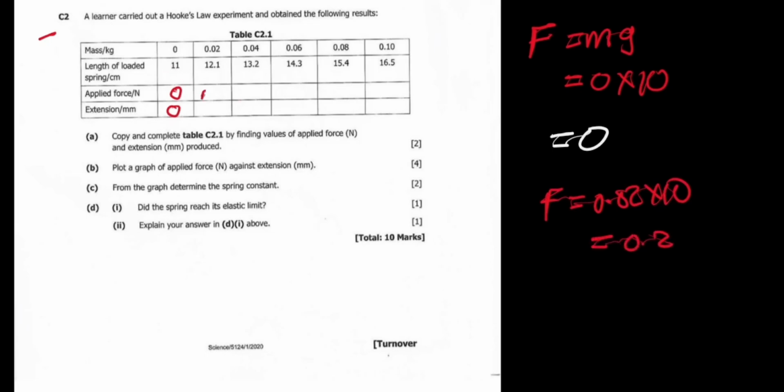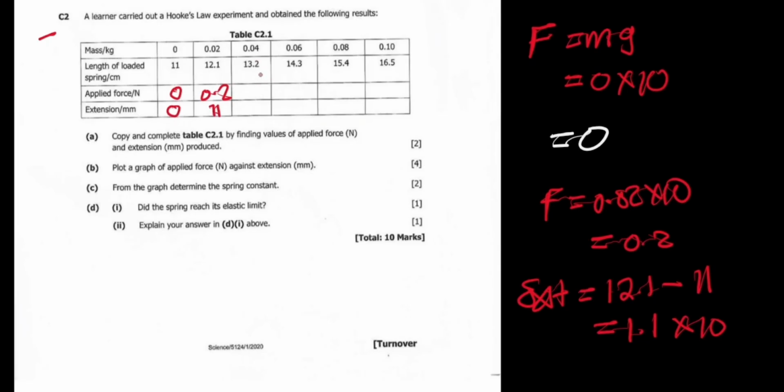So we're going to have 0.2 here as our force, which means that for the extension, it should be this 12.1 minus 11, which is going to give us 1.1. But notice that this 1.1 is in centimeters. So we have to convert it into millimeters because the extension is actually in millimeters. So you multiply this by 10 and you're going to get 11.